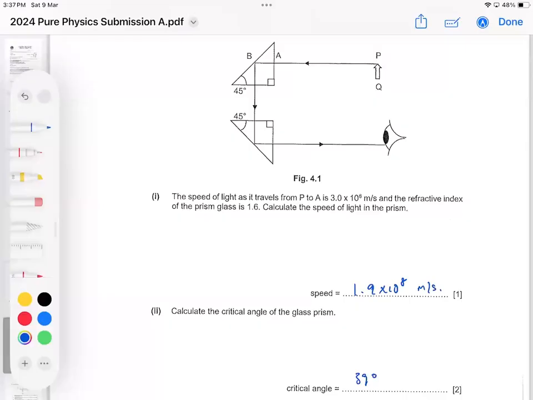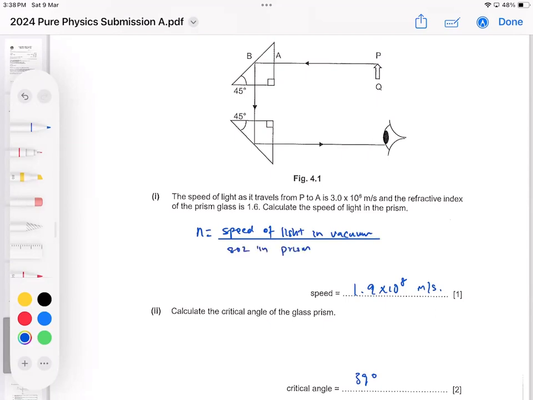Okay, so this will be my working. We are going to use this.